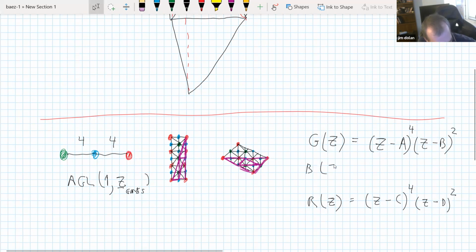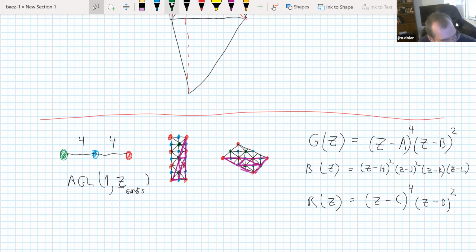Okay, and the one for the blues, there's going to be 4 blues, so I'll call them H, J, K, and L. Okay, so we've got green and blue and red vertexes.